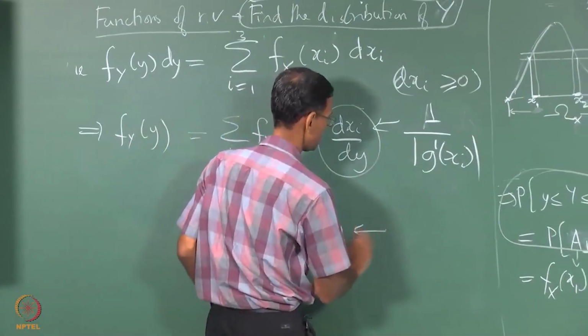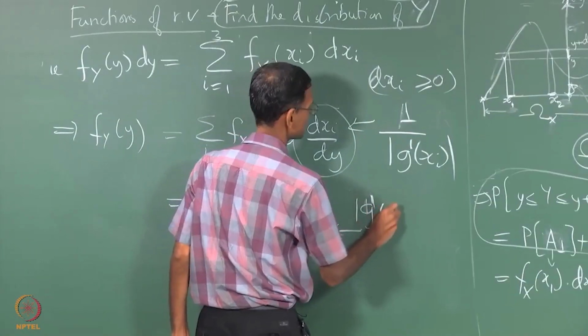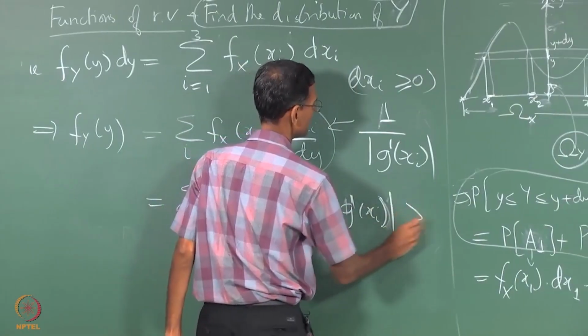So for this computation to work, you want this magnitude of the derivative, g prime of x_i, to be strictly larger than 0.